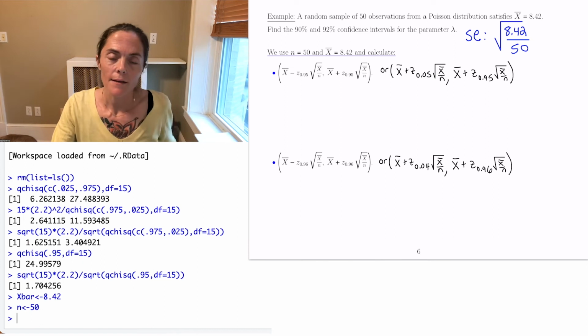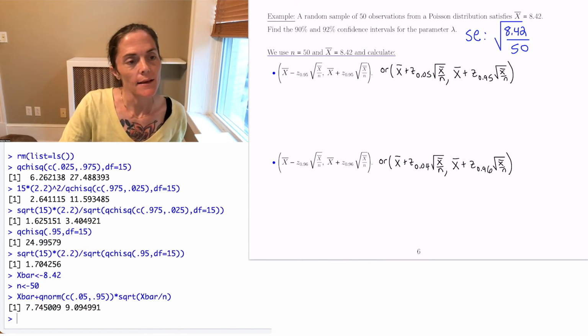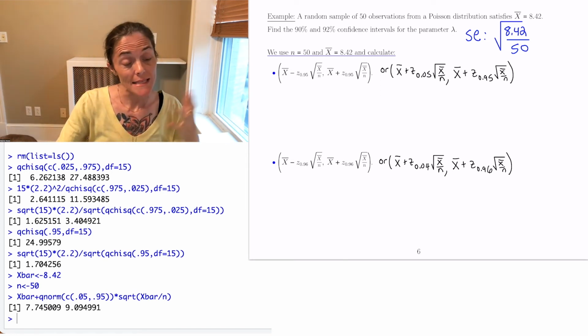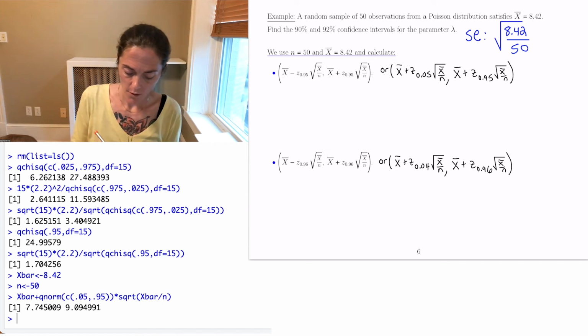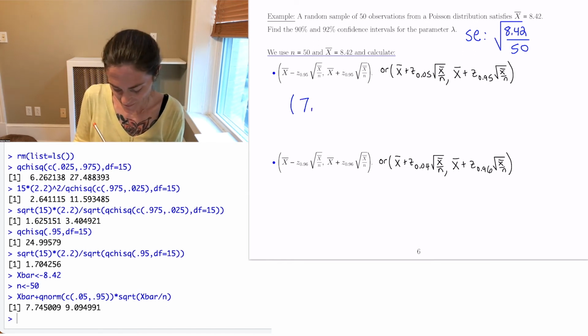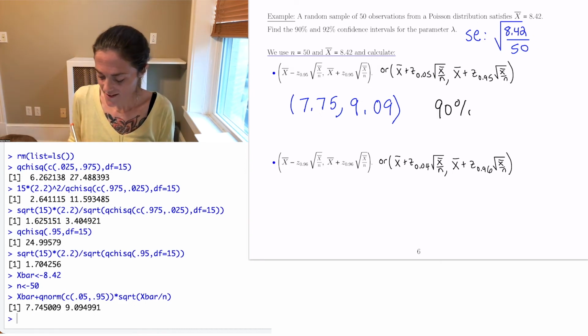We can define variable x bar, variable n, and then here's our first confidence interval. This is the 90% confidence interval. We can write it down. We have 7.75 to 9.09. This one is the 90% confidence interval.